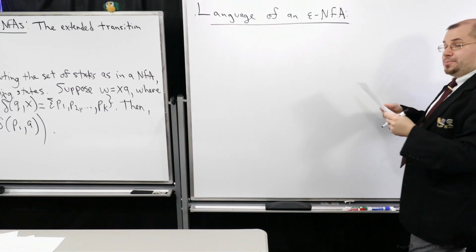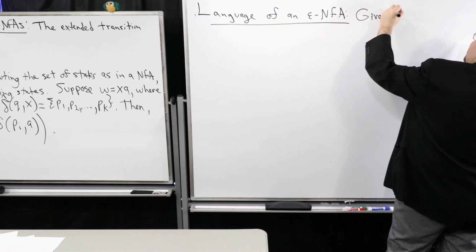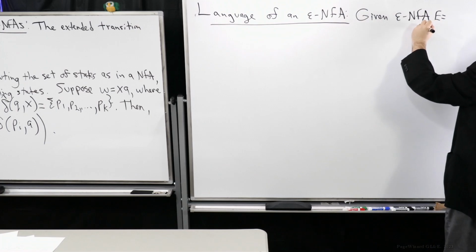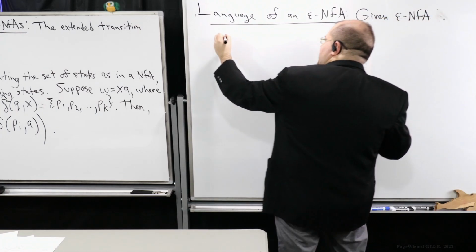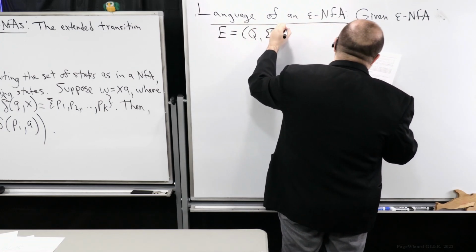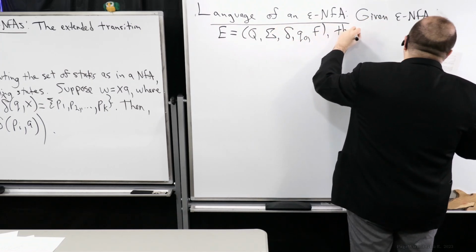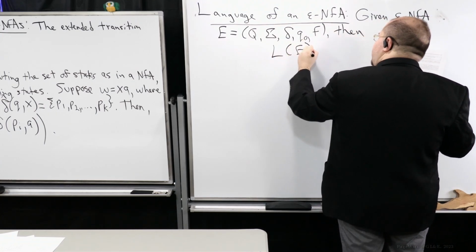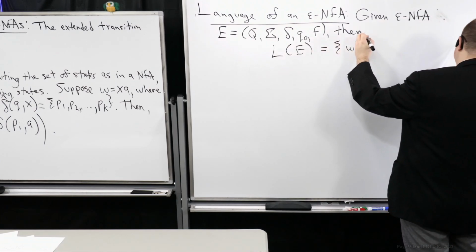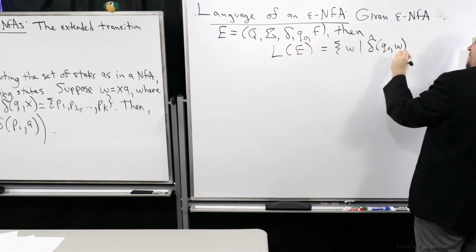It's not going to be terribly surprising, akin to what we talked about with an NFA. Given epsilon NFA E, which consists of a set of states, a set of input symbols, delta, Q0, F, the language of the epsilon NFA is the set of strings W such that delta hat of Q0, W, how did we define it for the NFA?